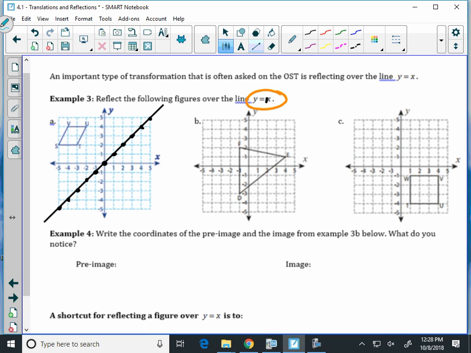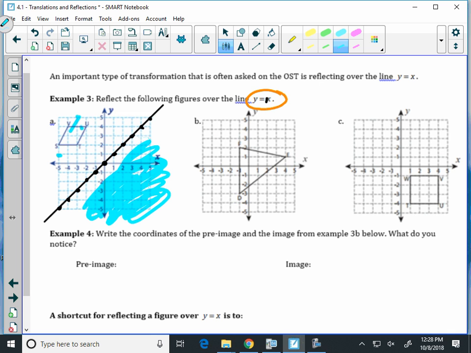To reflect over this line, remember, when we reflect, we're taking the figure and flipping it over that line. So visually, when I flip it over this line, it's going to end up somewhere in this area. I don't know exactly where quite yet, but visually, my answer should end up somewhere in there.